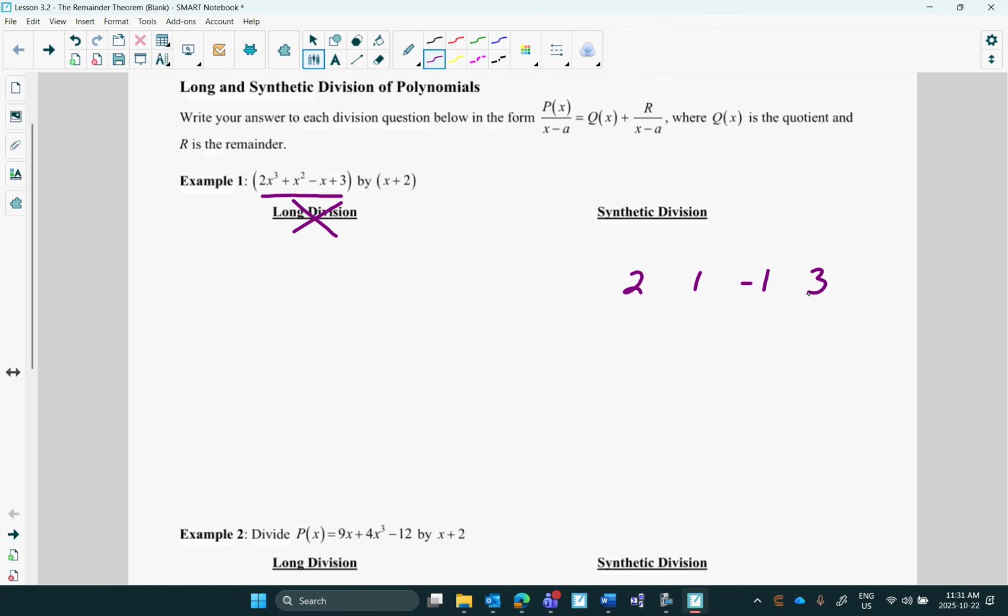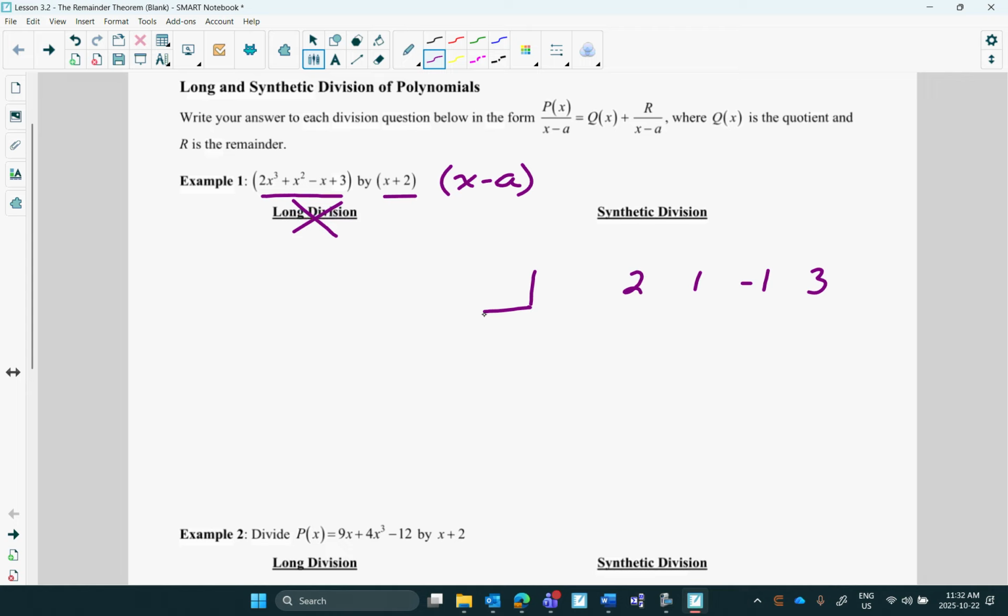And since I am dividing by this, whenever we have a polynomial divided by a binomial in subtraction form, I'm going to take all these and divide by this number here, a.